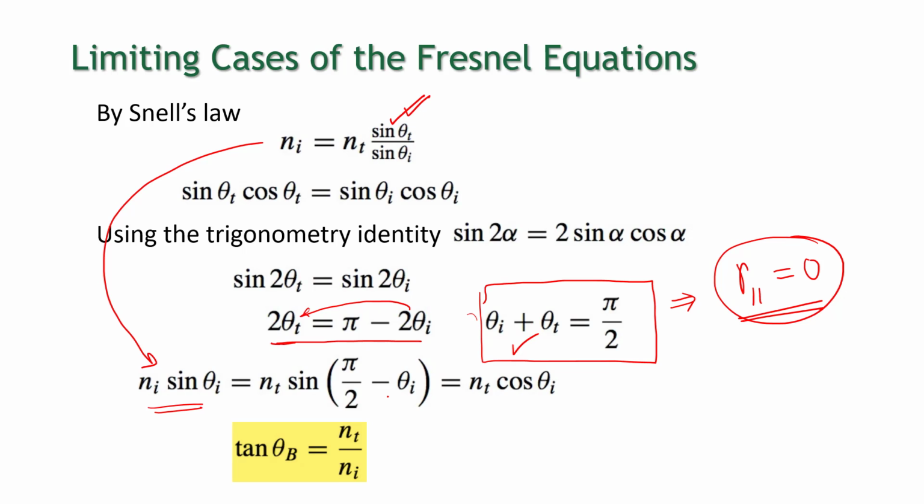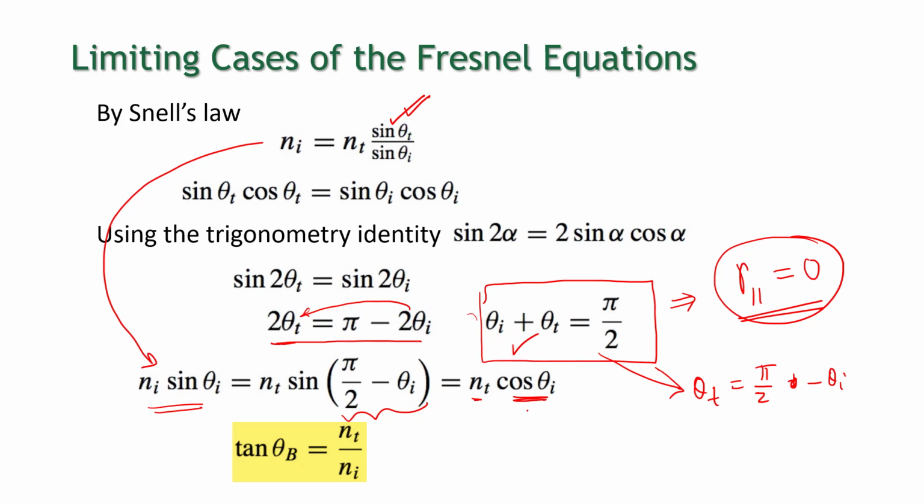This theta t is pi over 2 minus theta I, right? So I can replace theta t by pi over 2 minus theta I. And sine of pi over 2 minus theta I is cosine theta I, so Nt cosine theta I.